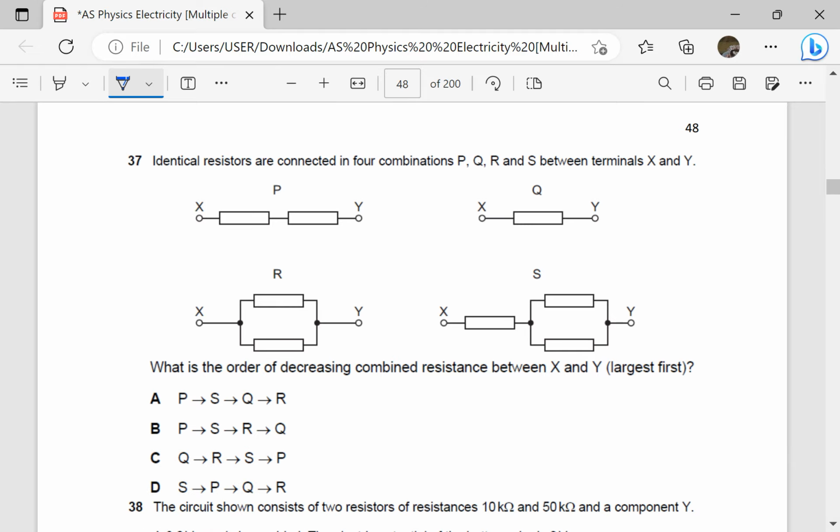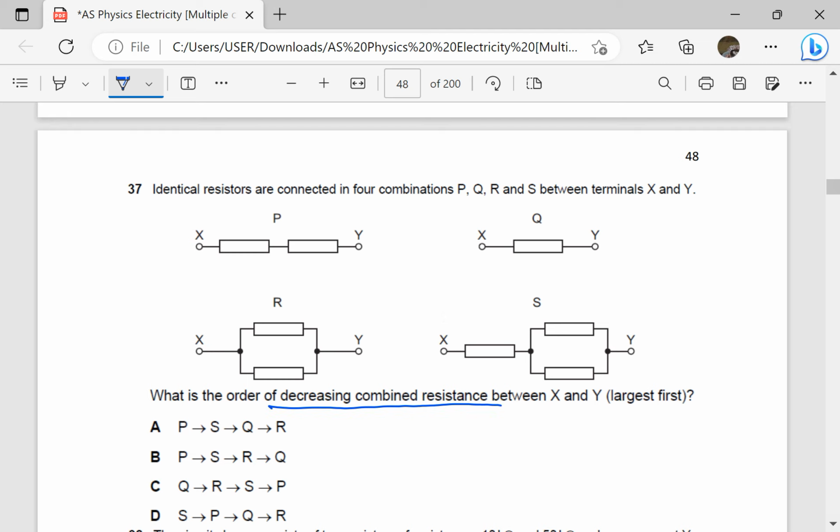Identical resistors are connected in 4 combinations P, Q, R, and S between terminals X and Y. What is the order of decreasing combined resistance between X and Y? Largest first. So which one is the largest? I think the largest is going to be P. If I'm not mistaken, this is going to be 2R.